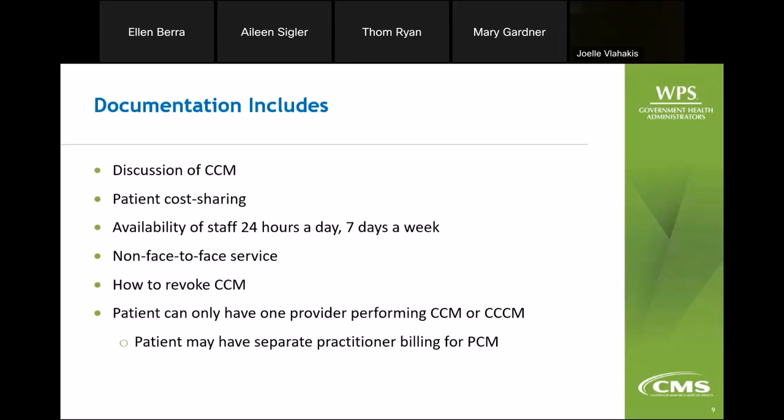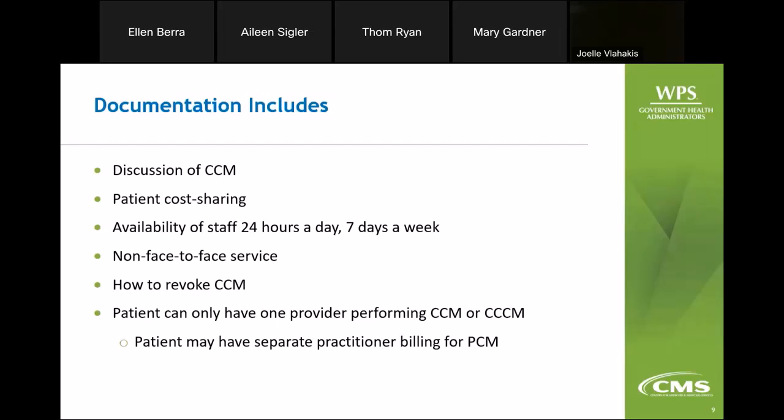Going to the emergency department, or especially being readmitted to the hospital, there's huge costs for the patient for those particular services. You also want to let the patient know that you will have staff available that they can talk to 24/7.